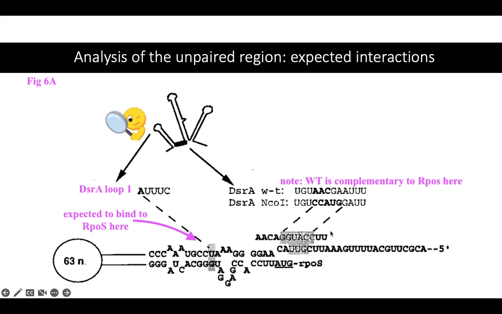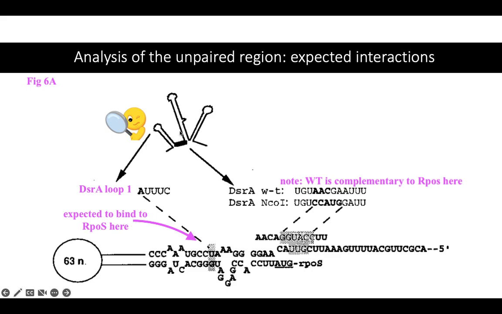And this little bit of DsrA is expected to bind to rpoS right around here. So just go ahead and note that the wild type DsrA is complementary to rpoS in this position.